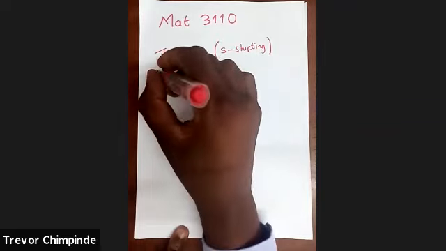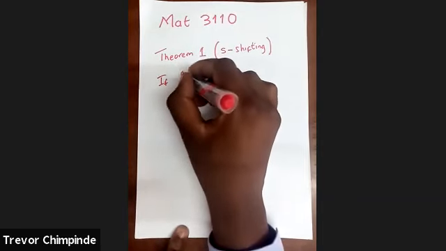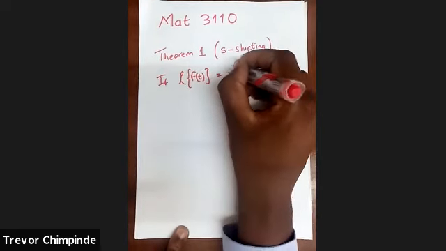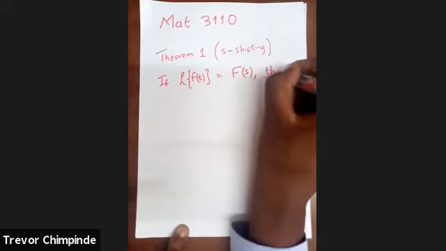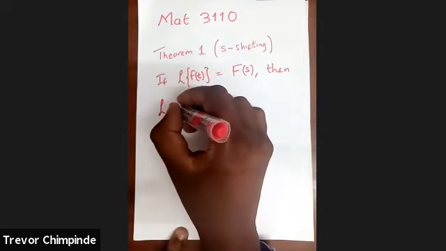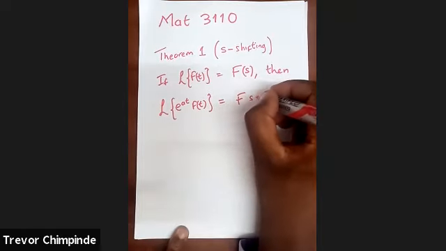It states that if the Laplace transform of f of t is equal to F of s, then the Laplace transform of e to the at times f of t is F of s minus a.